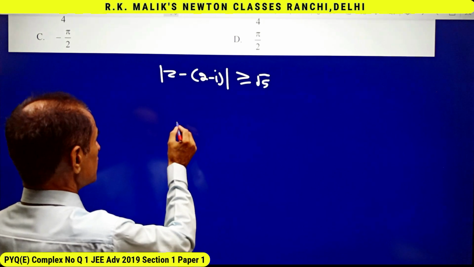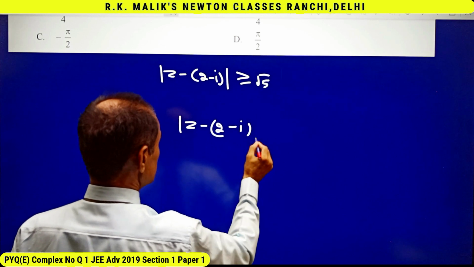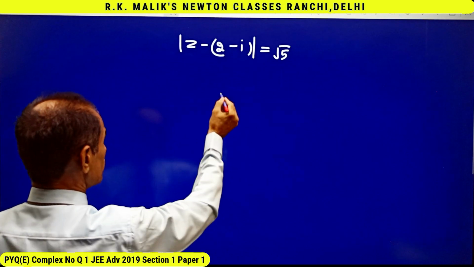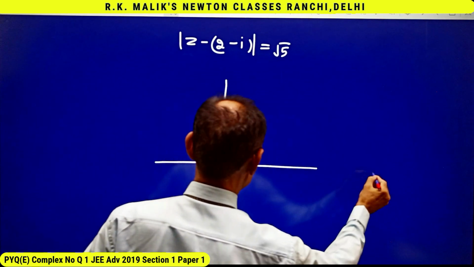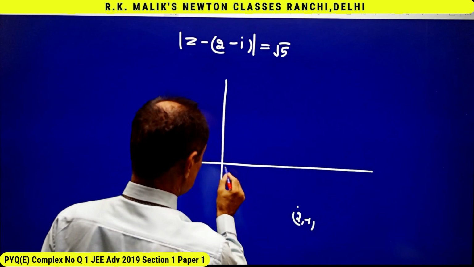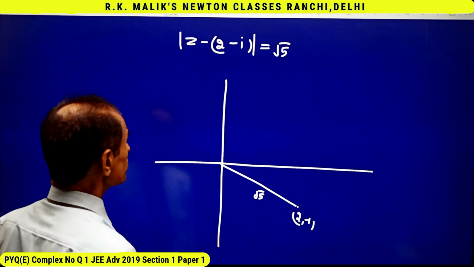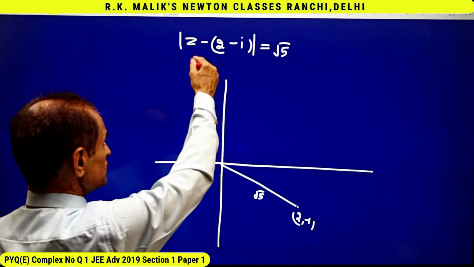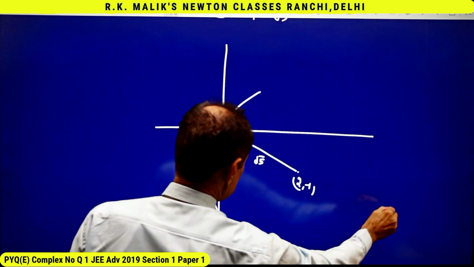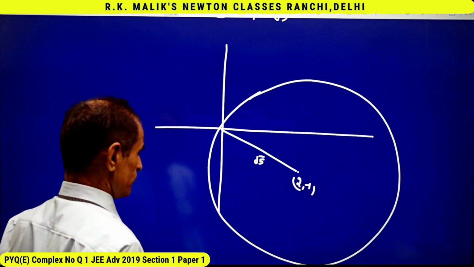First of all, I draw the graph of mod Z minus 2 minus I equal to root 5. 2 minus I is somewhere here. Distance from origin is clearly root 5, and therefore this equation represents a circle with center 2 minus I and radius root 5.